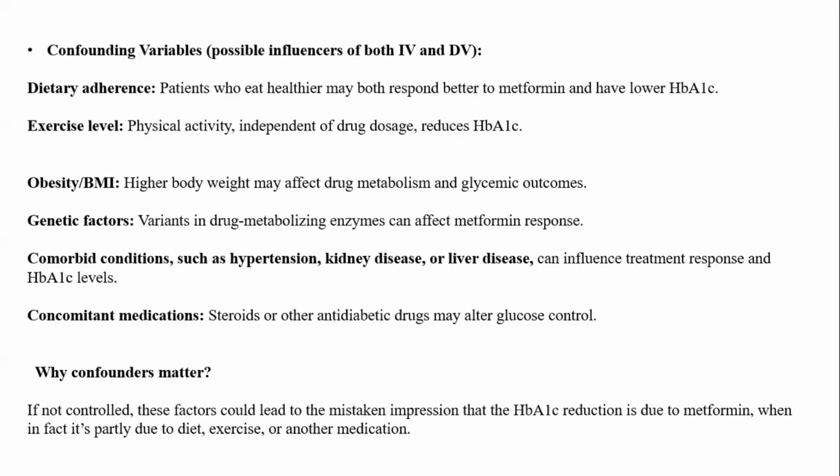Also, exercise levels, that is the physical activity, depending on the drug dosage, also reduce the HbA1c. Also, you have obesity, that is the BMI. Higher body weight may affect drug metabolism and the glycemic outcomes. Also, you have the genetic factors of the patient. There are also other factors that may fall under the confounding variables.